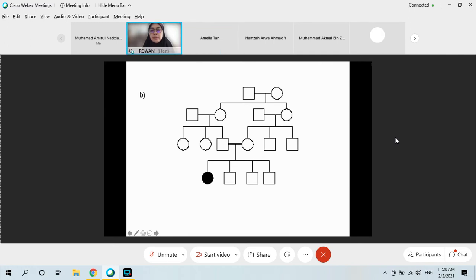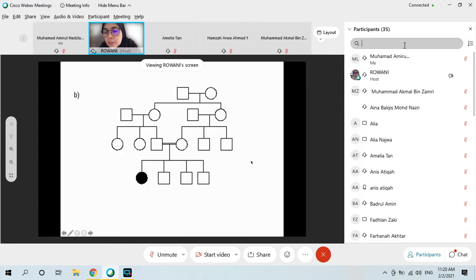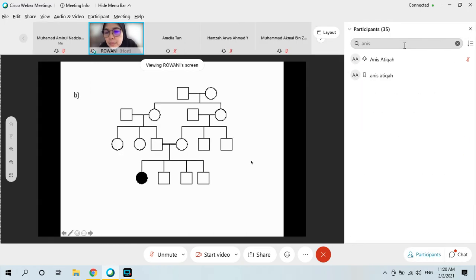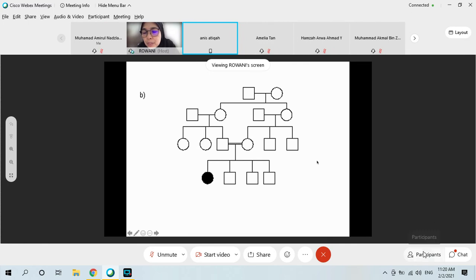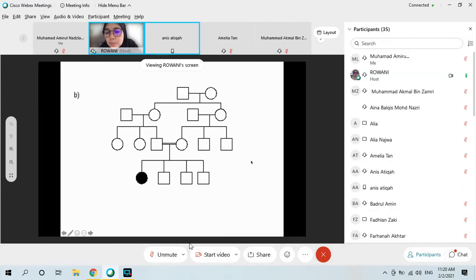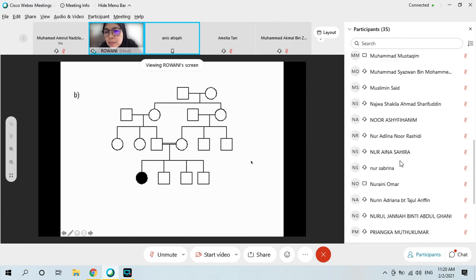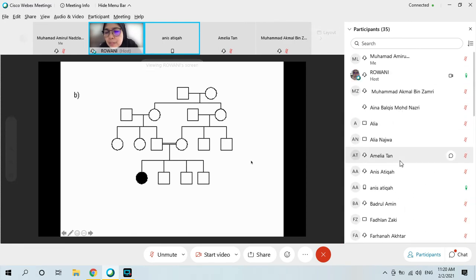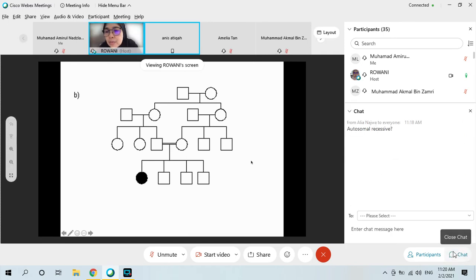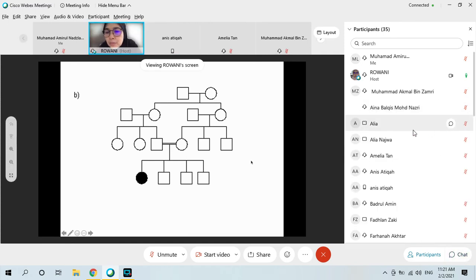That's two different things. Why not I ask, Anis Atikah appears twice. How come Anis Atikah appears twice? Is it two different persons or the same person? Same person, doctor, two devices. So same person, that means how many people are supposed to be joining the class? 38, 37, including you, 38. 37. So that means there are 35 people because there's 2 of you here. So 2 persons are not around. May I know who the 2 persons are?